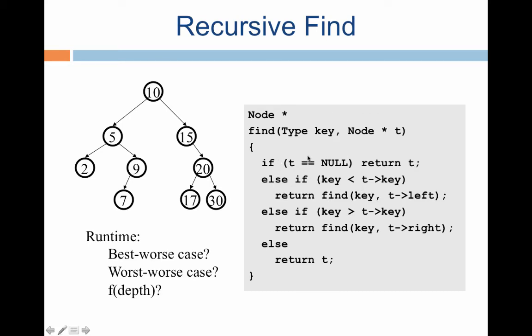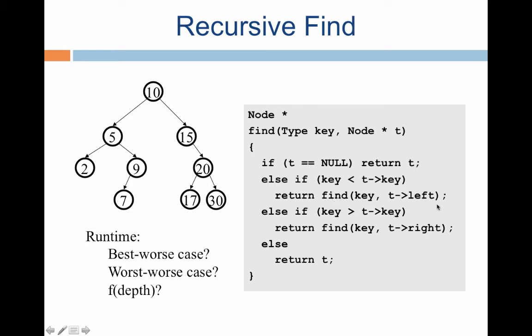So let's look at this piece of code. If t is null, then you return t, essentially saying that you have not found the key. Otherwise, you check if the key, which is the argument passed to this function, is smaller than t pointer dot key. Let us say t was pointing to this node, then you compare key with 10. If it is smaller than 10, you recursively find the key in the left subtree.